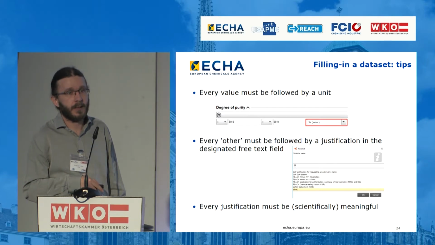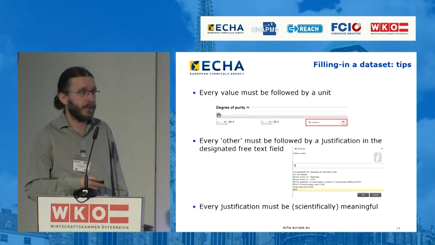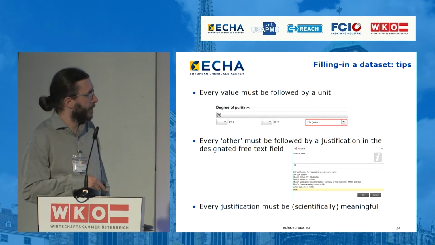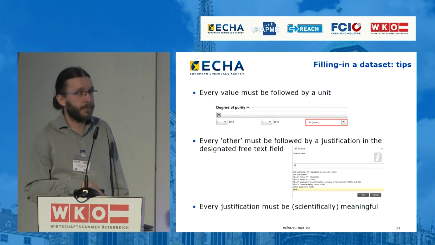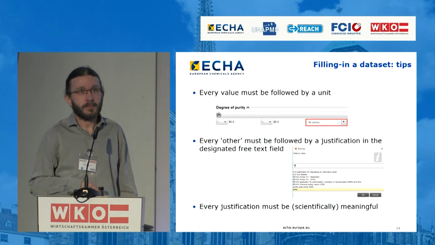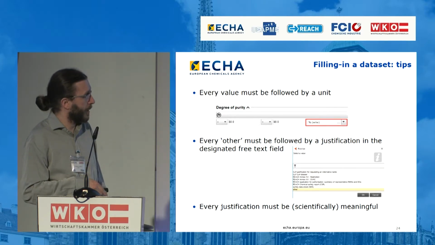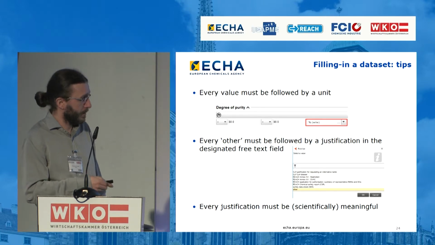In that case, it's mandatory to provide some additional information to explain what is this other information you want to provide. And of course, every justification must be meaningful. So you cannot just enter data in a field. It has to be meaningful and scientifically justified.